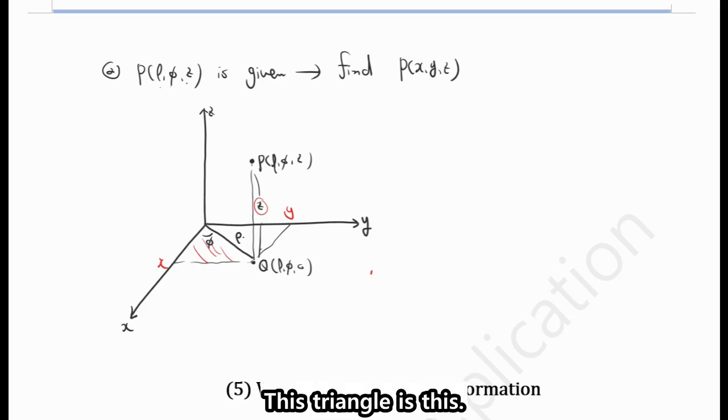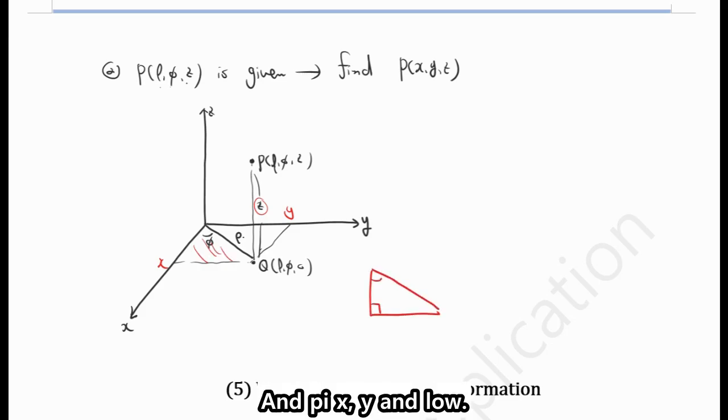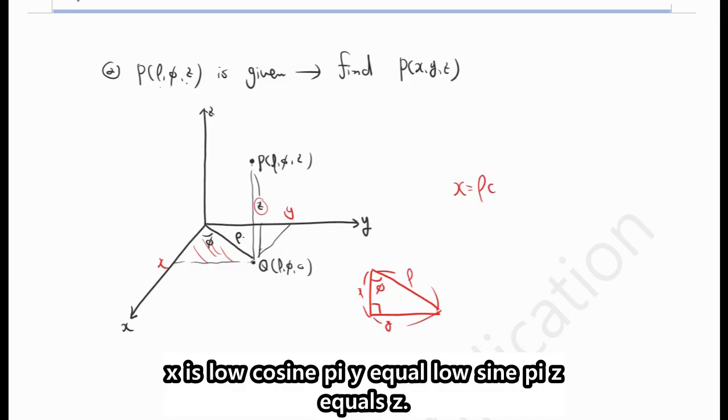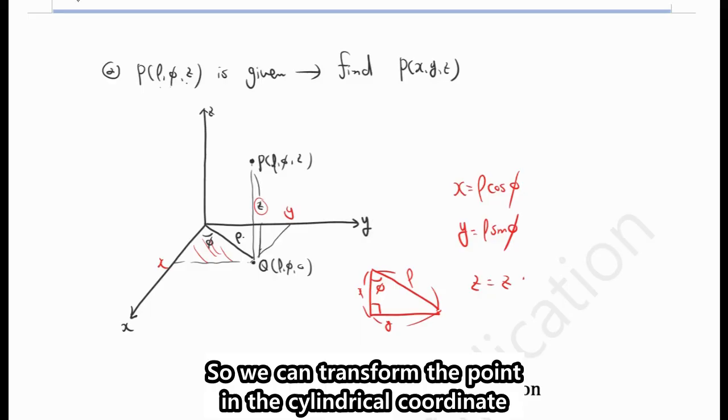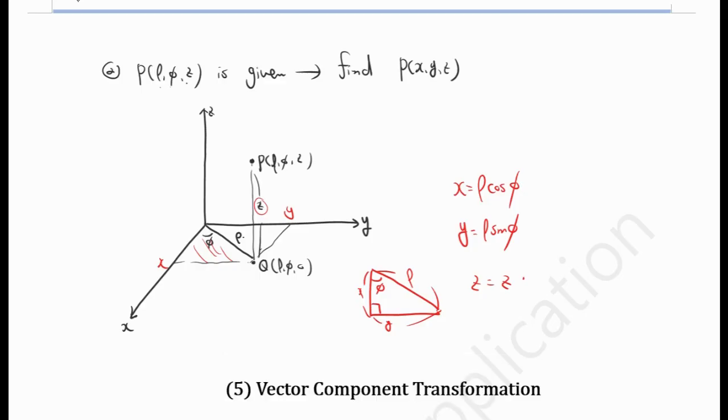From this triangle, x is rho cosine phi, y equals rho sine phi, z equals z. So we can transform the point in cylindrical coordinates to the point in rectangular coordinates like this.